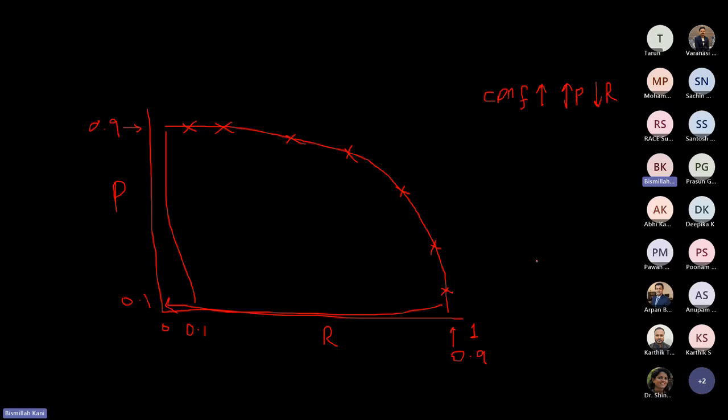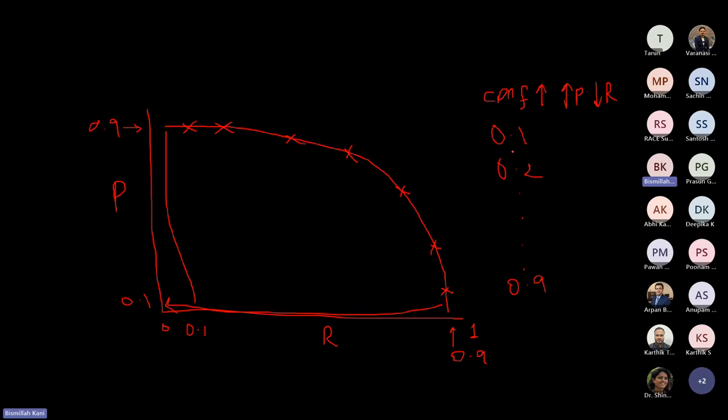So what we do typically is calculate precision and recall for every confidence value, from 0.1, 0.2, all the way up to 0.9. You follow, right? You have the ground truth data and the model prediction data.